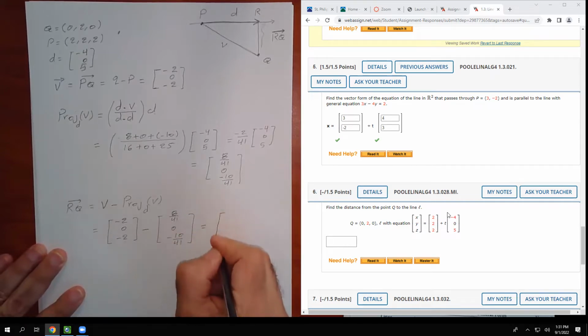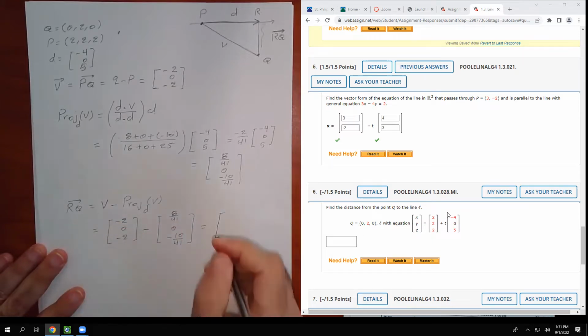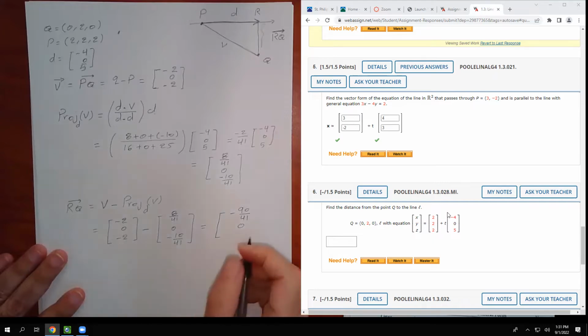And this one is going to be negative 2 minus 8 over 41, which is negative 90 over 41. 0 minus 0 is going to be 0. And negative 2 plus 10 over 41, so it's going to be negative 82 plus 10 over 41, which is negative 72 over 41.